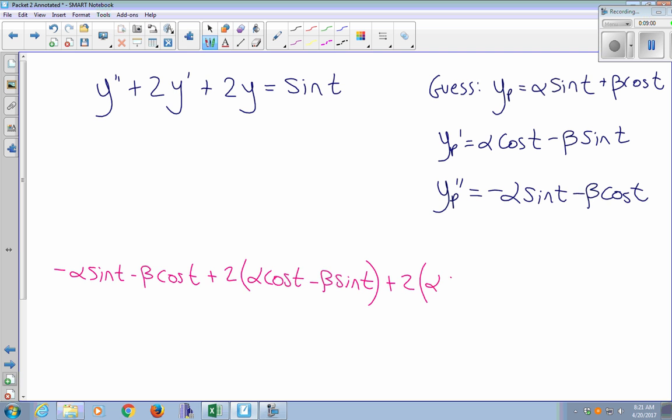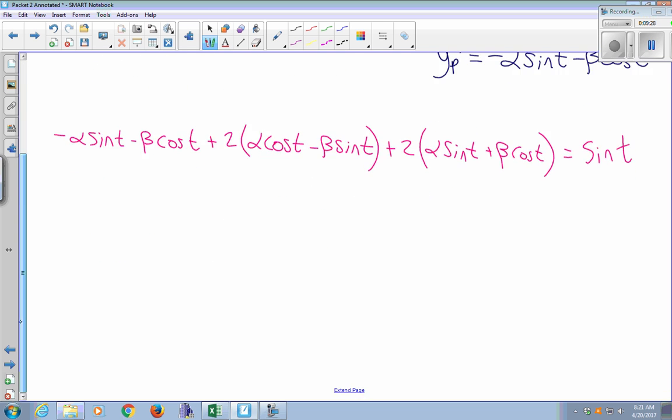Y is alpha sine t plus beta cosine t. And I need that to equal sine t. All right, so I'm just going to combine my like terms, all my sine t terms and all my cosine t terms, and then you equate coefficients. Another name for this method is undetermined coefficients, so that might help you remember how to do it.